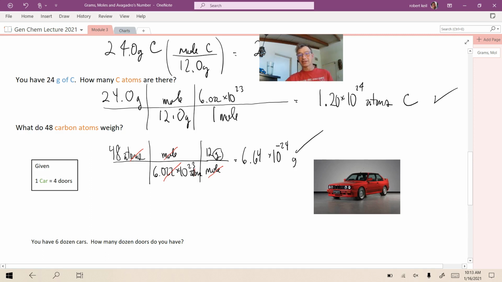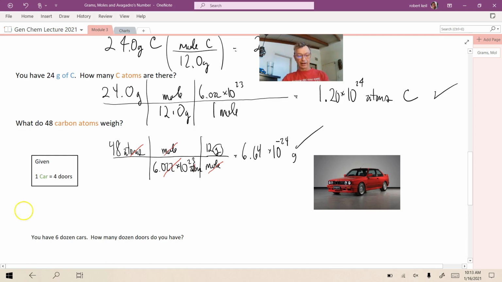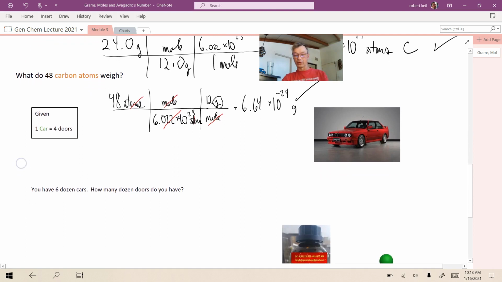Okay, I've got one last kind of dumb analogy. If you had a car with 4 doors, so you're given a formula of one car is 4 doors, and here's your formula. It's this little picture. If I told you you have 6 dozen cars, how many dozen doors do you have? 24, right? I mean, 6 times 4, obviously.